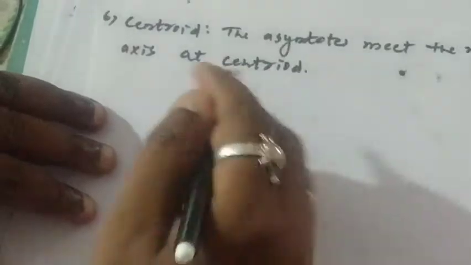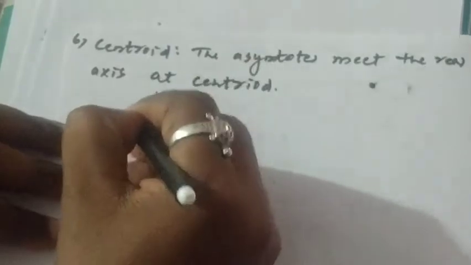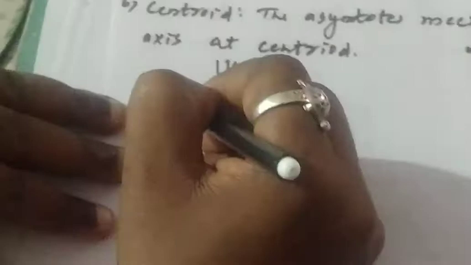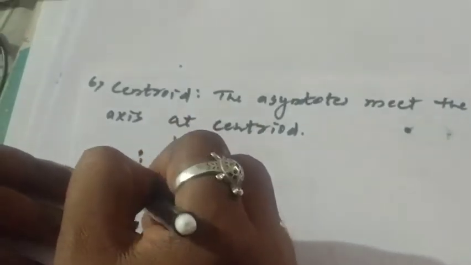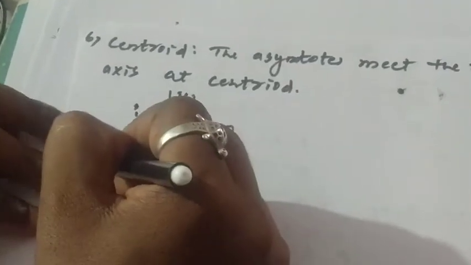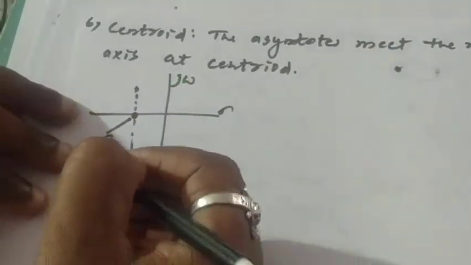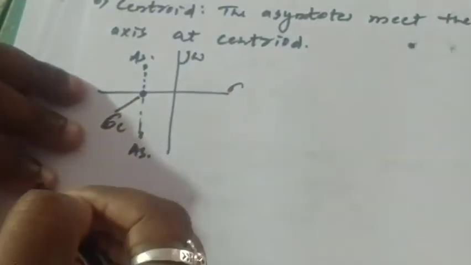So what is this centroid? You are having the imaginary axis and the real axis. Here you are having 4. So these two asymptotes will meet the real axis at a point, and that is called the centroid. The centroid will be represented here as sigma c. This is the centroid, this is asymptote 1, this is asymptote 2. Okay, so this is the centroid.